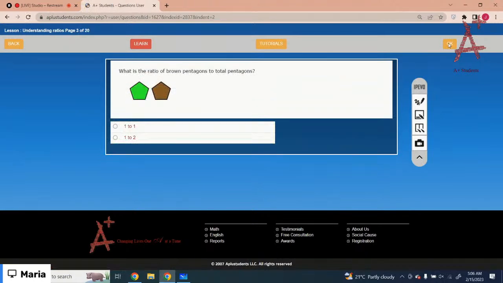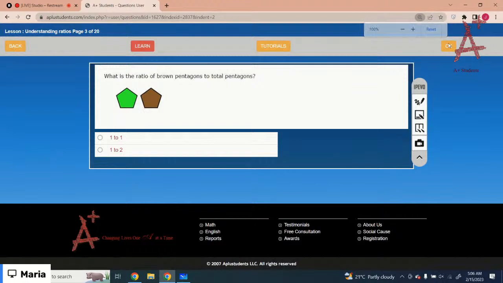What is the ratio of brown pentagons to total pentagons? Brown to total. So which is the correct option?